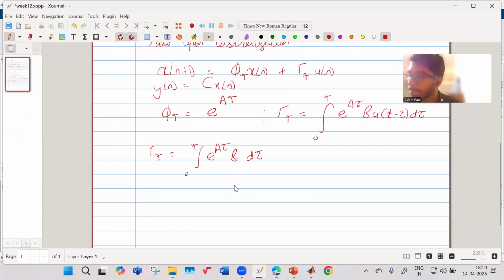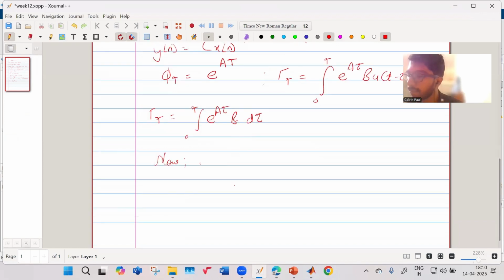Now, another set of difference equations will be formed.